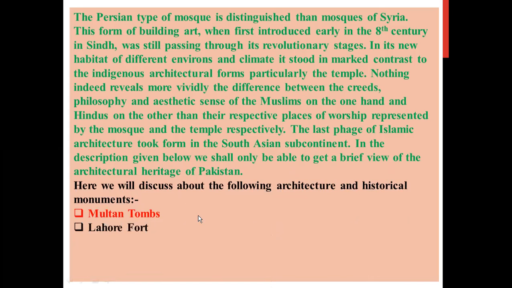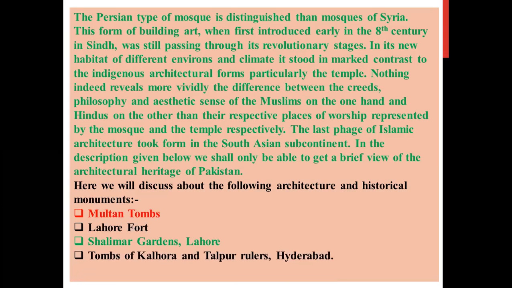Number two, we will discuss the Lahore Fort, which is located in Lahore. Then we will study Shalimar Garden, which is also a good example of Muslim architecture. Then we will study the tombs of Kalhora and Talpur rulers in Hyderabad. Then we will study the Khyber Pass, a pathway which connects Pakistan and Afghanistan.